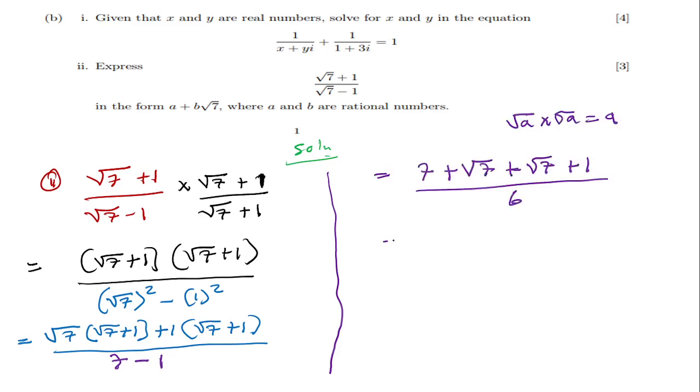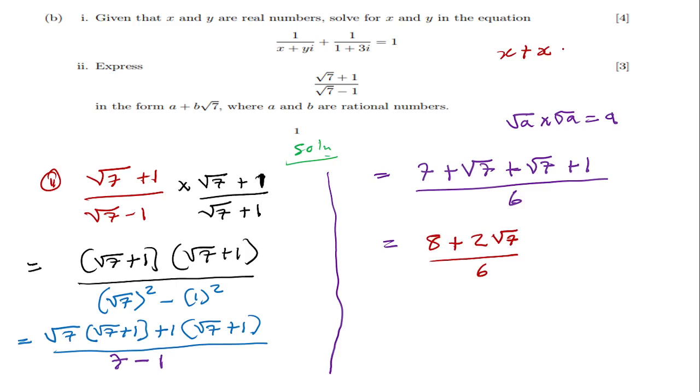So with that in mind, you're going to move again. What you're going to do is collect like terms. 7 plus 1, it's simply 8. And then square root 7 plus square root 7, the answer is 2 square root 7 over 6. It's more like x plus x is equal to 2x.